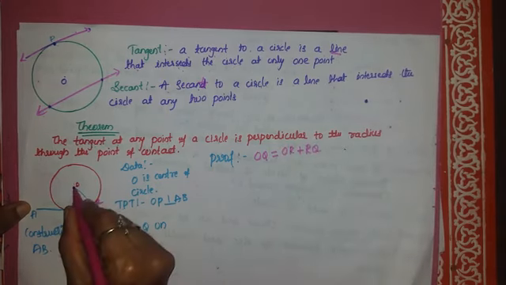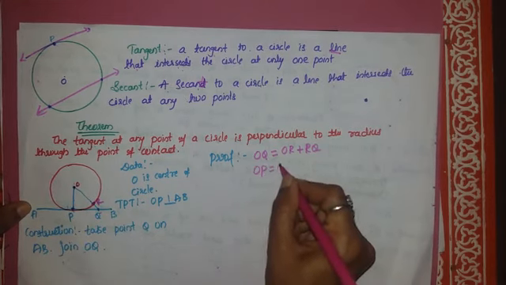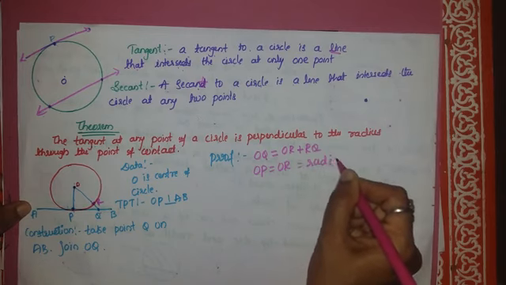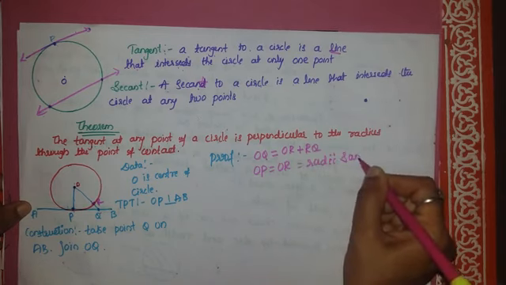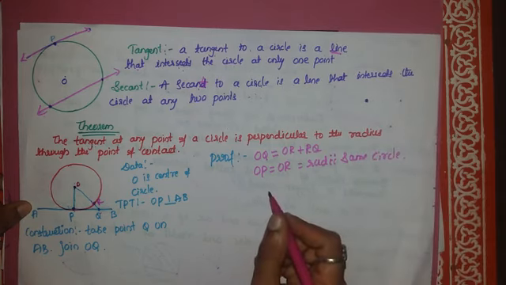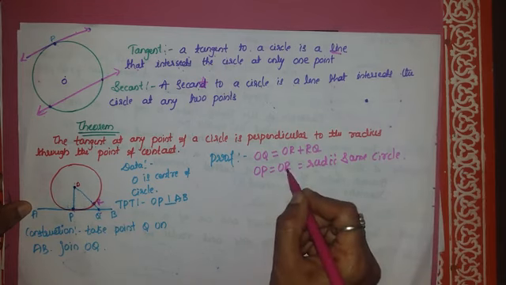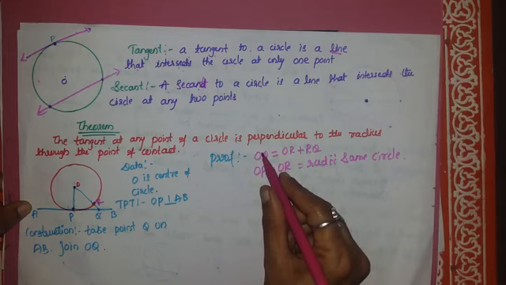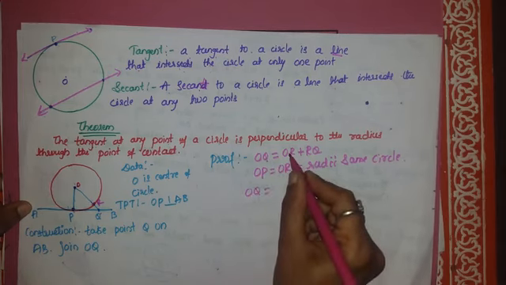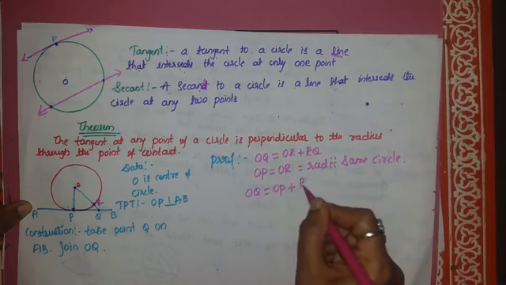Here we know that OP and OR are equal because they are radii of the same circle. Therefore OP equals OR. So OQ can be written, in place of OR, as OP plus RQ.